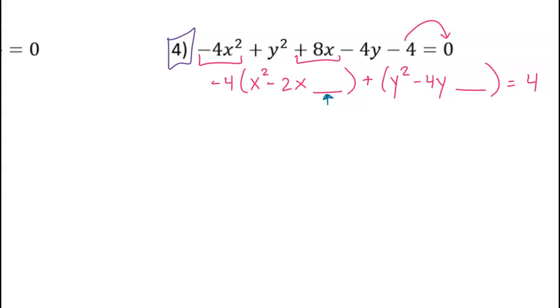We take our b value, which is negative 2, divide it by 2, it becomes negative 1, and we square it, we get plus 1. Now, whatever I do to one side of an equation, I must also do to the other. Am I just going to add 1 to my right-hand side? No, what am I going to do?